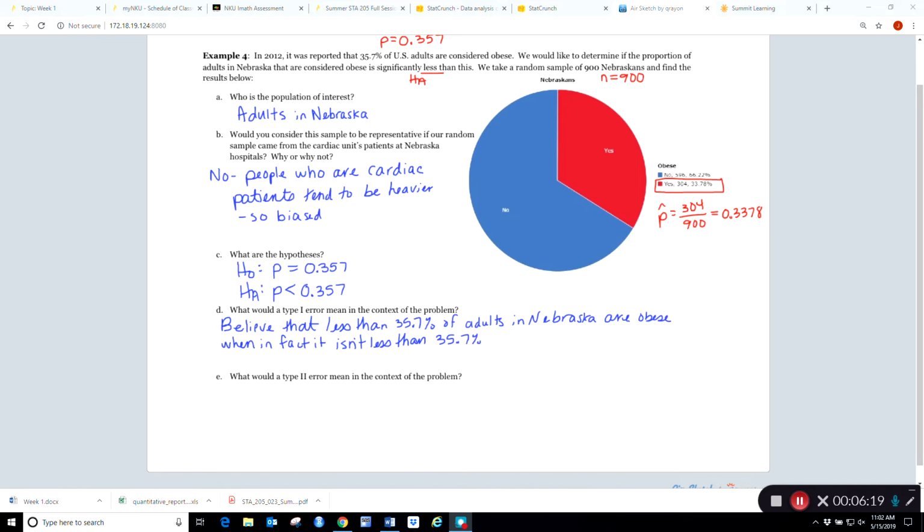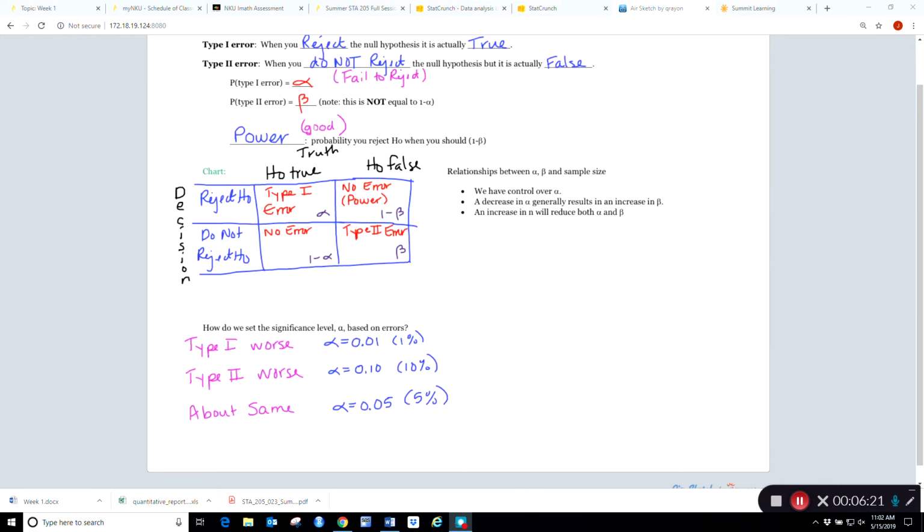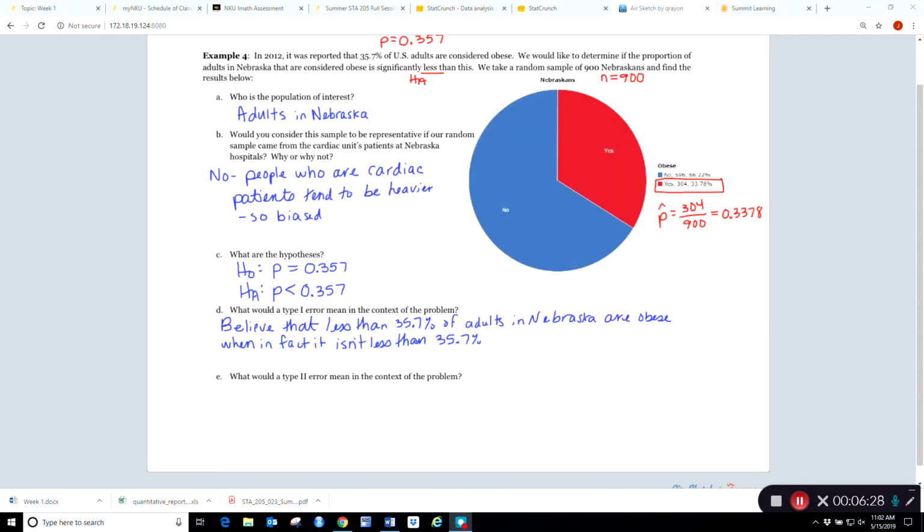Now what a type 2 error would mean, again going back to our definition, is when we do not reject the null, but the null is actually false.